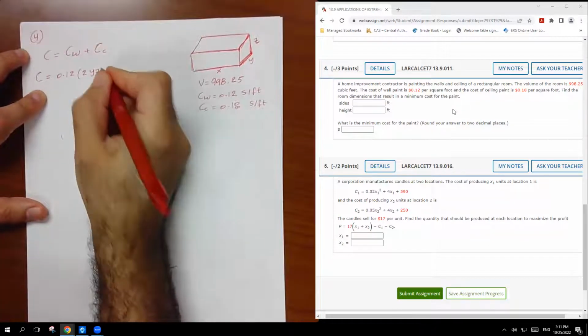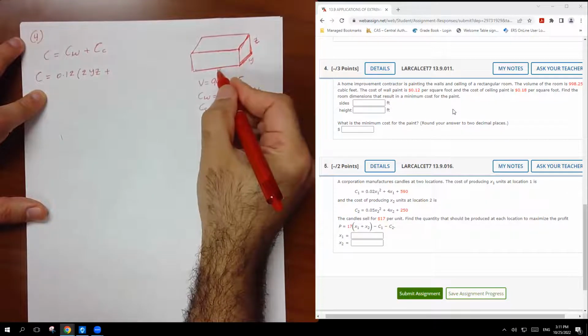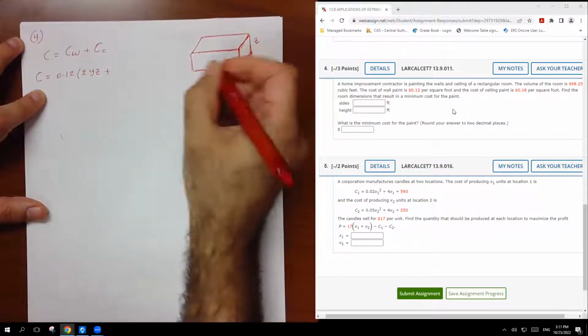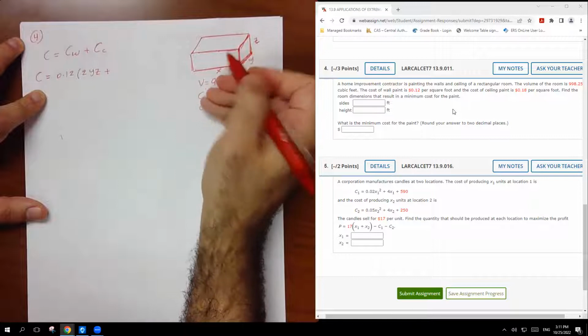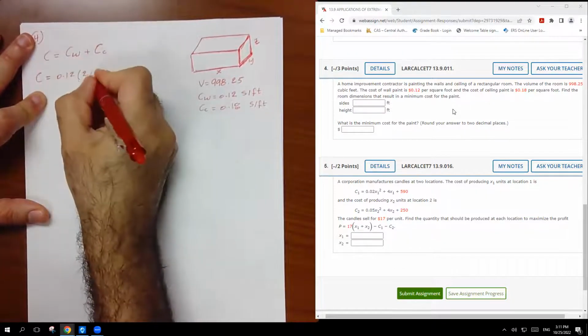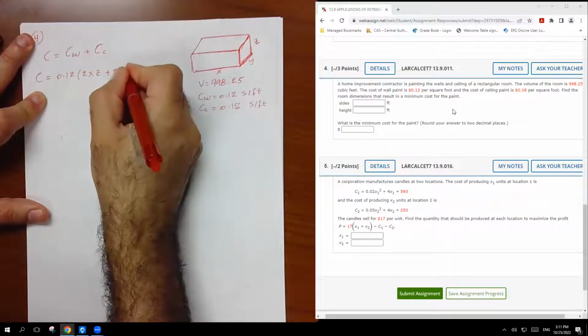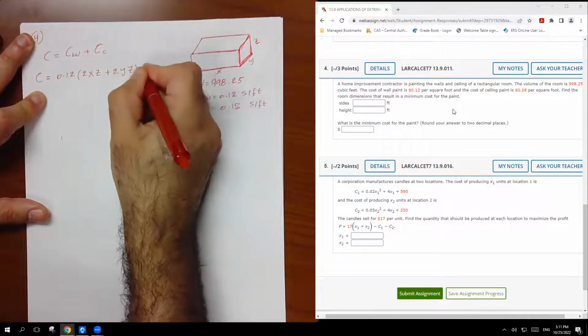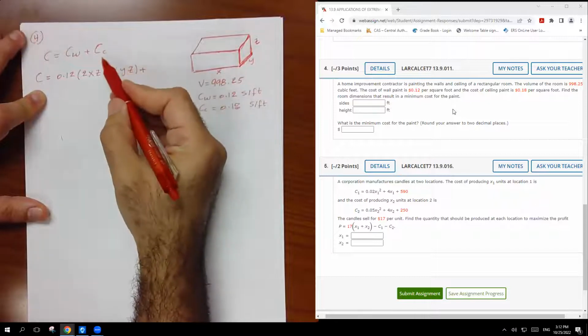plus the other sides. This is also Z, and I have 2 sides, so 2XZ. Plus the cost of the ceiling.